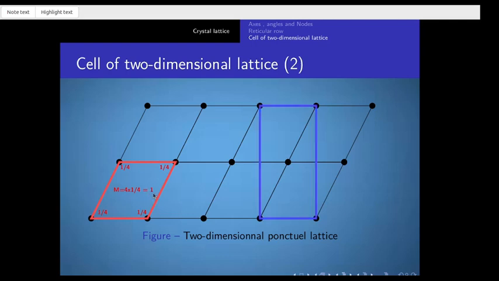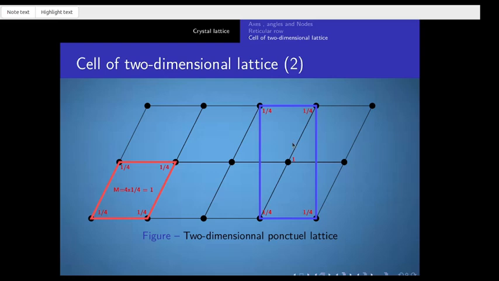If we take the blue cell like this, we also have on the vertices, at each vertex, a quarter of a node: here, here, here, and here. There are 4 quarters, that is 1 node for this cell, and we have here 1 node at the center which belongs totally to this cell.